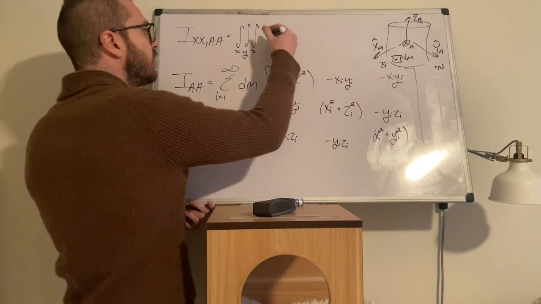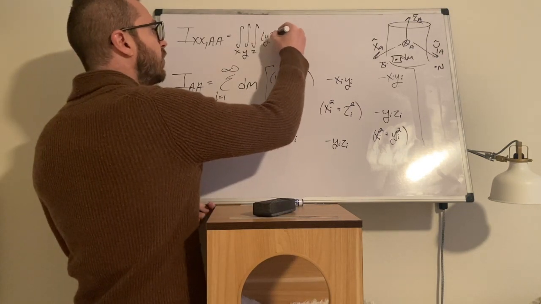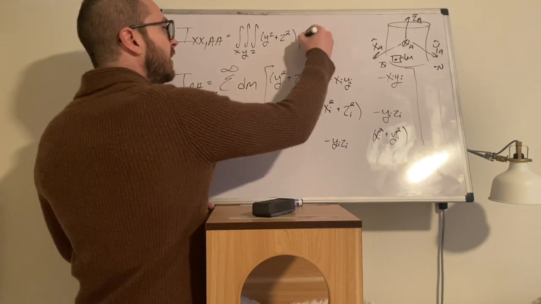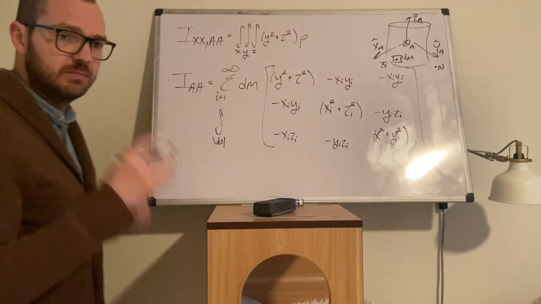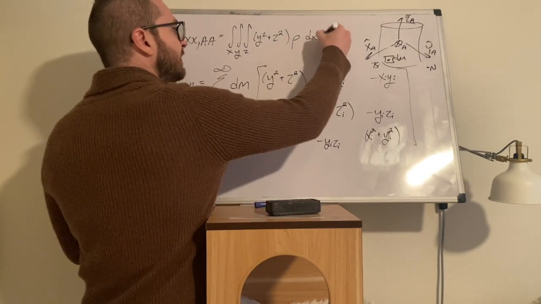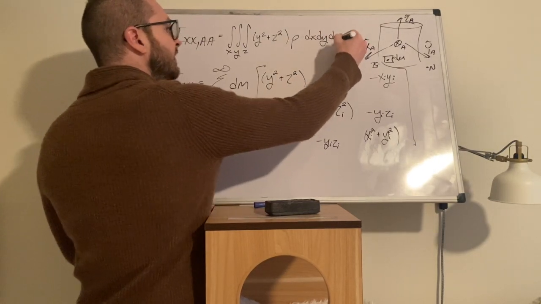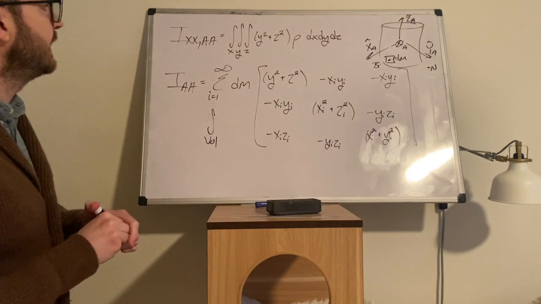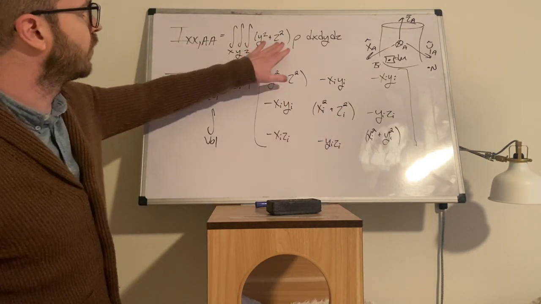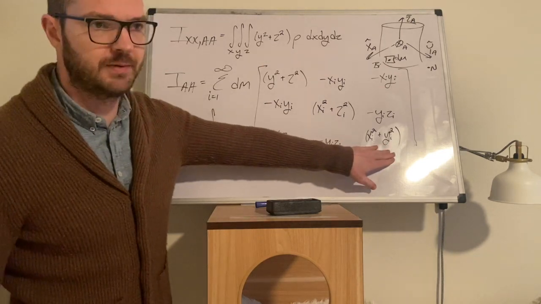You have these coordinates, so y squared plus z squared multiplied by the density. I'm just going to leave the density. We know it could be a function, multiplied by dx, dy, dz. If you wanted the Izz term, then instead of y squared plus z squared, you would have x squared plus y squared.